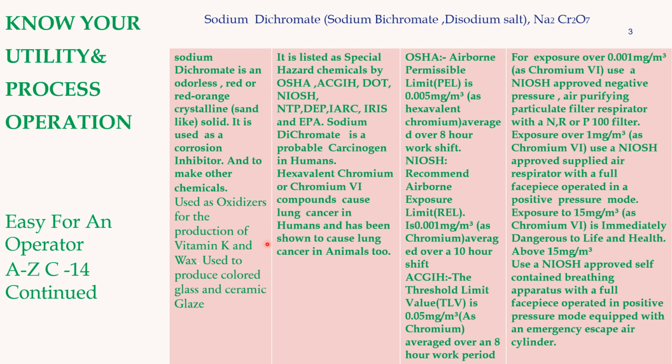So exposure to chromium 6 is possible. So we have to take care to use the respirator which is mentioned before going into the atmosphere, to avoid the inhalation of chromium 6 in the atmosphere because it's carcinogen in humans.